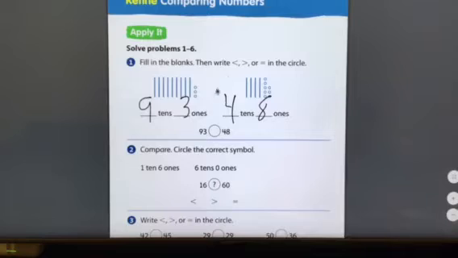Is 93 less than, greater than, or equal to 48? First, remember you need to compare the tens. So this one has 9 tens and this one has 4 tens. 9 is greater than 4. Therefore, 93 is greater than 48.